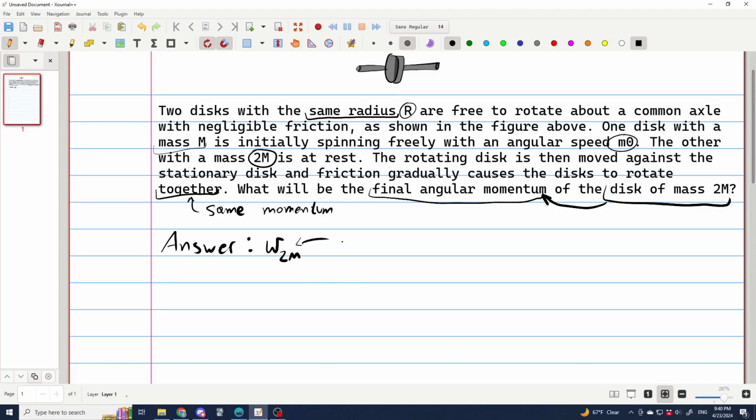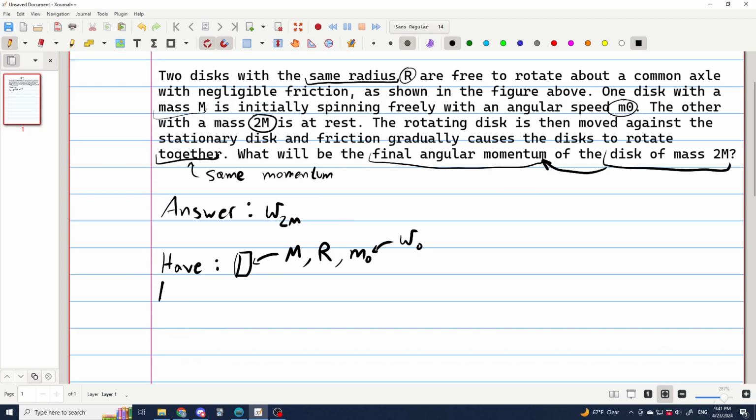Here this will get me thinking about what I need, and then we think about the information we have. We have one disk, with a mass of m and a radius of r, and it's got some angular speed, omega 0.